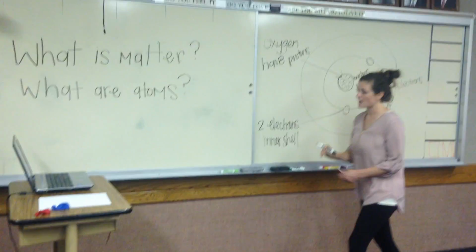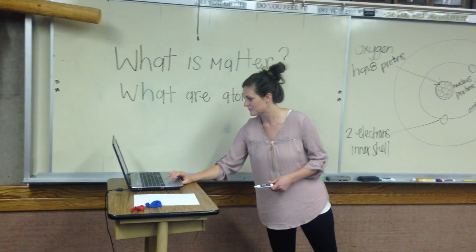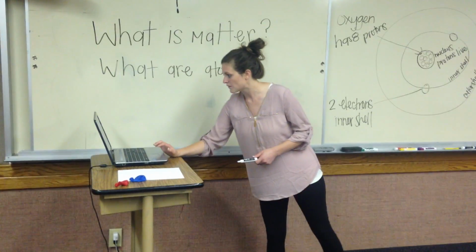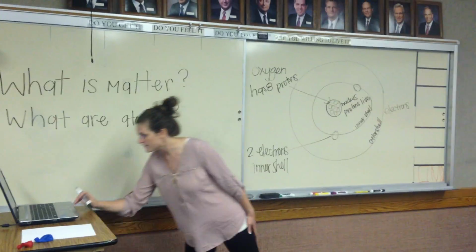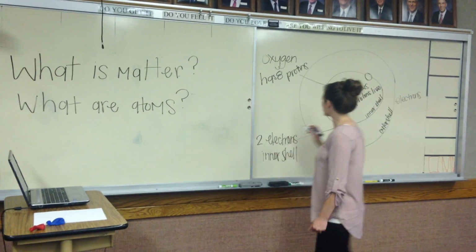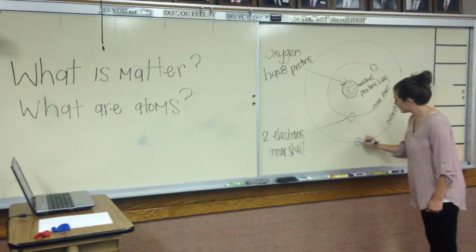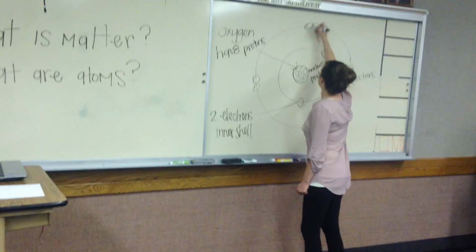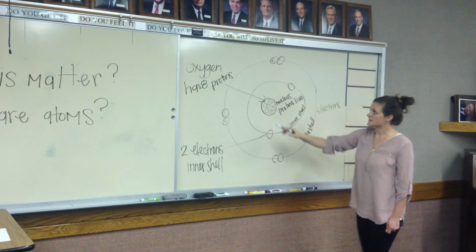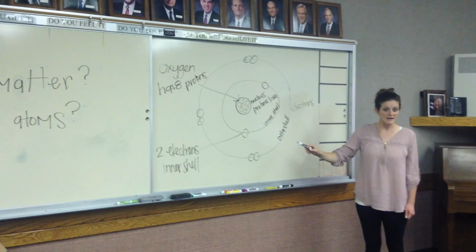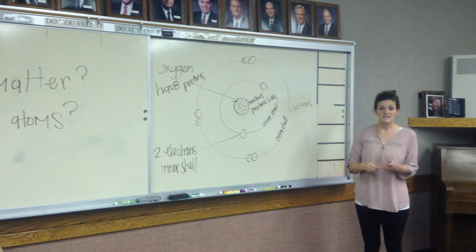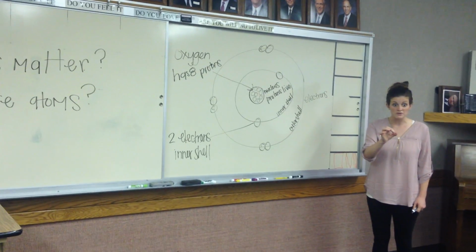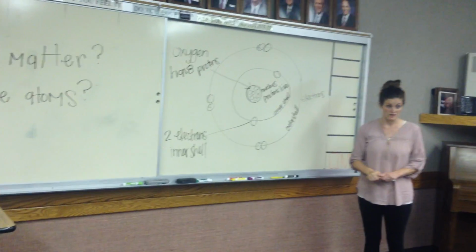Now the outside has 6 electrons in the outer shell. And this makes up an atom. And this is the atom that we blew into our balloons using oxygen.